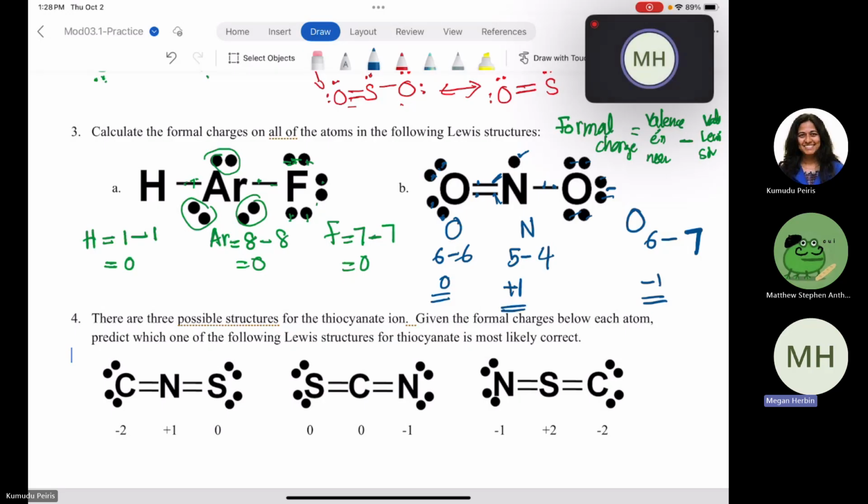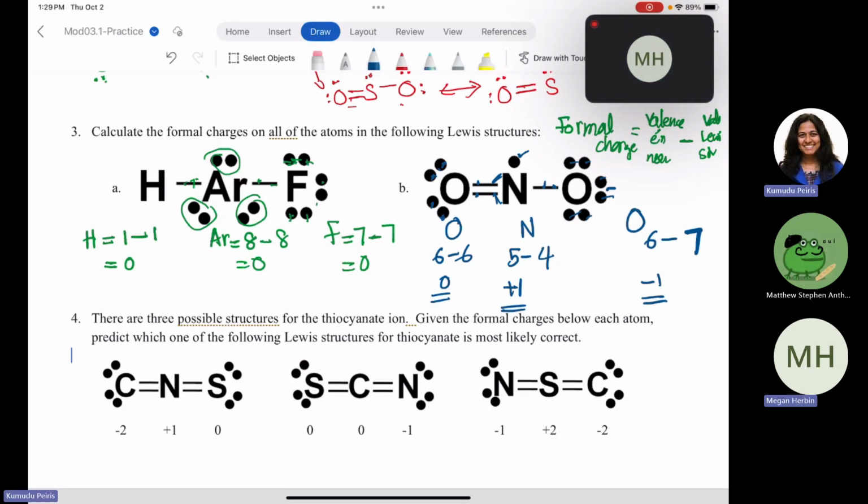What happens if you have a charge on one of the atoms? I guess we're going to see that in the next question. Will we take the charge away from that number?